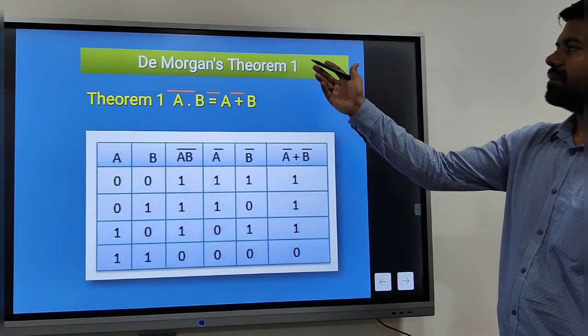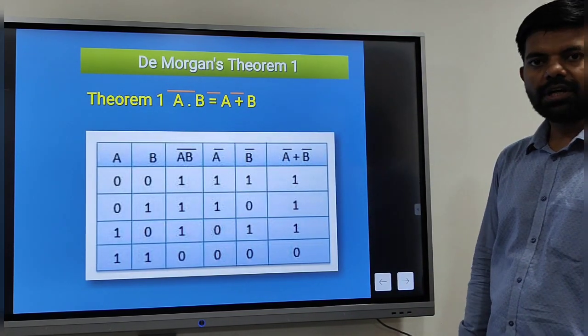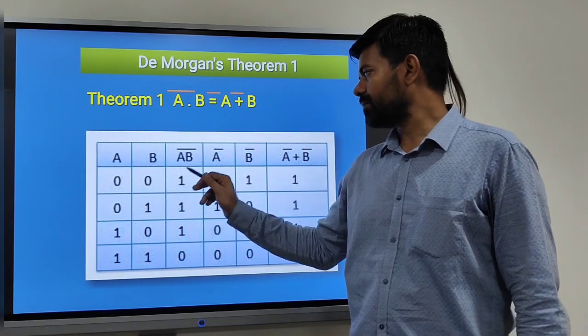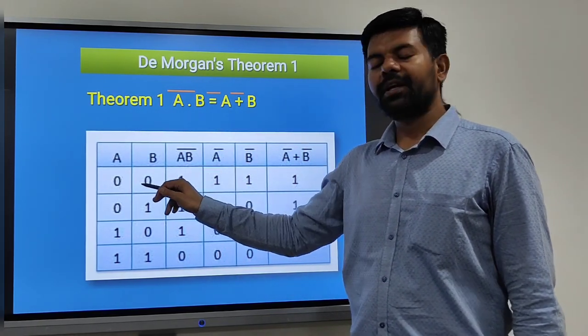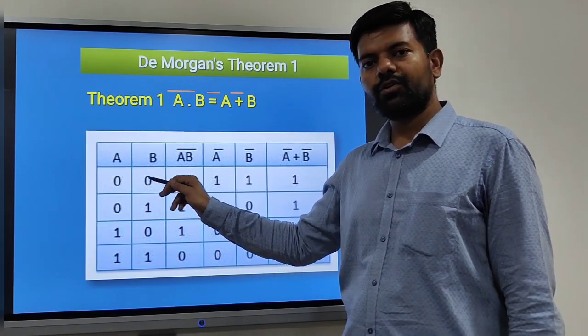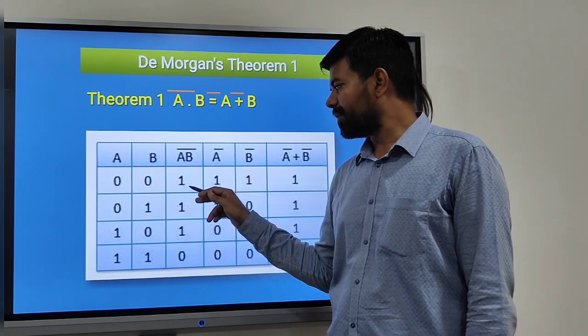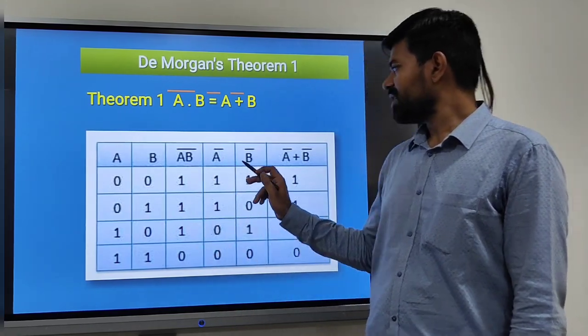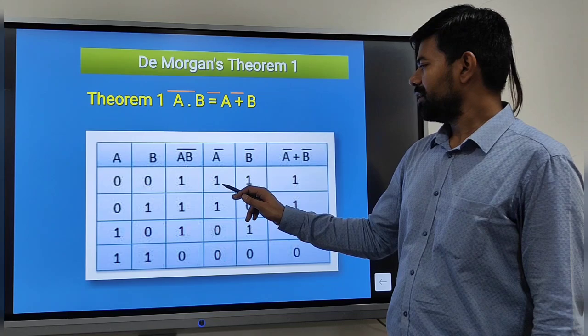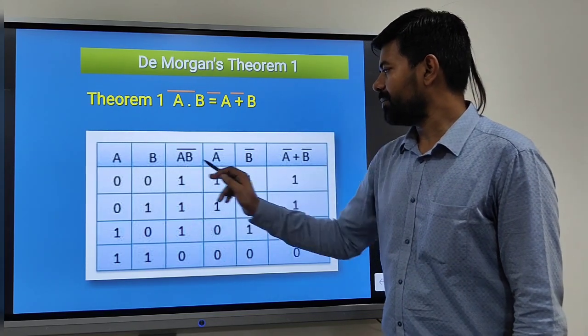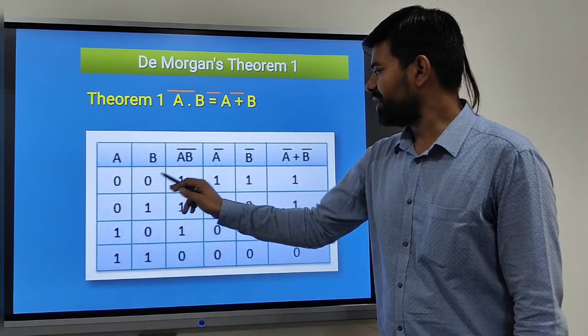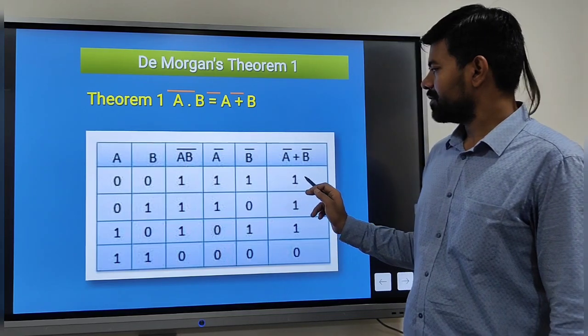Similarly, the truth table of De Morgan's. See, 0 0: the AB multiplication, we multiply 0 and 0, we get 0, but the complement is 1. The outputs are 1 1 1 and 0. Now A bar, B bar: A bar B bar means A complement and B complement, giving 1 1 1 0.